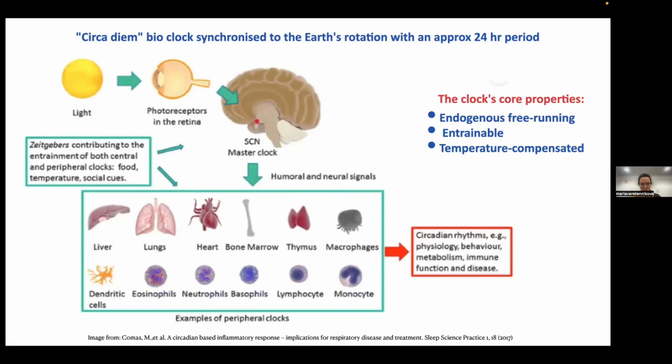However, the clocks on the periphery, meaning inside different organs such as lung, etc., if you put a person or a mouse, whatever organism you're talking about, into a completely dark environment, the rhythm will persist in those clocks through the gene rhythmicity.